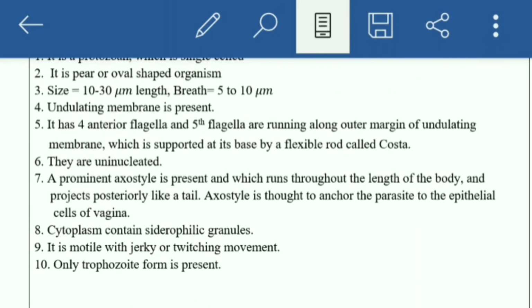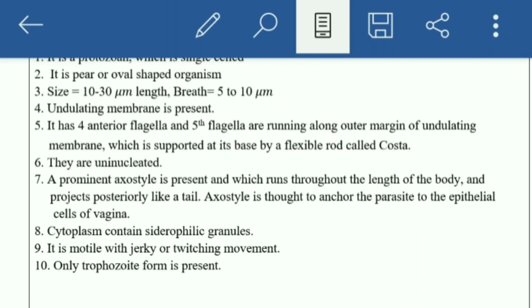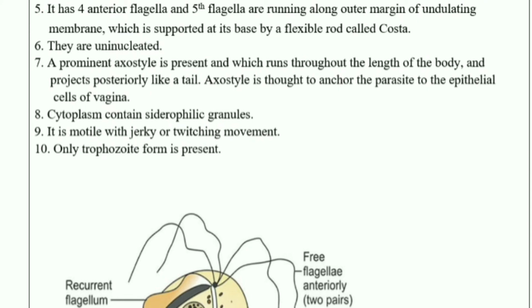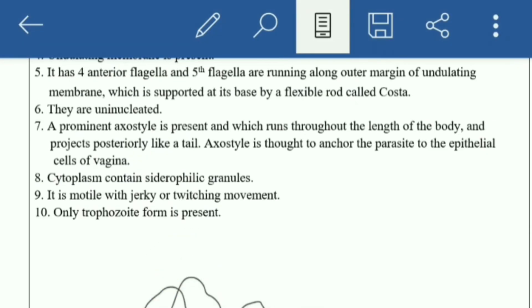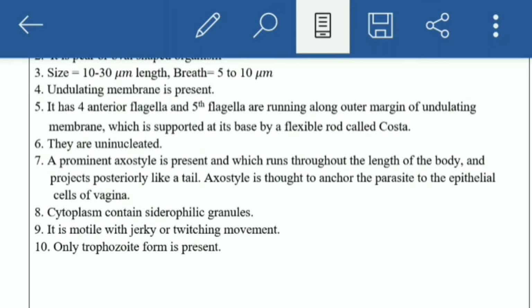It is uninucleated, and you can see a prominent axostyle present, which runs throughout the length of the body and projects posteriorly like a tail. Look at the diagram, where it is projected like a tail at the posterior part. The function of this axostyle is to anchor the parasite to the epithelial cells of the vagina.